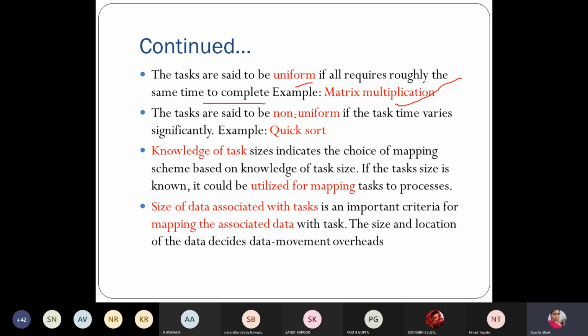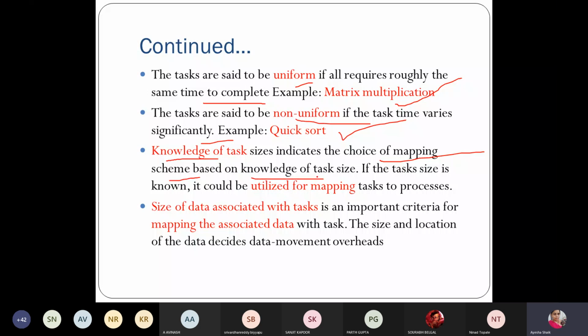And tasks can be non-uniform if the task time varies significantly. Example, consider the picture. And we need to have knowledge of the task size. This is also one of the characteristics. Knowledge of the task size will indicate the choice of mapping scheme.